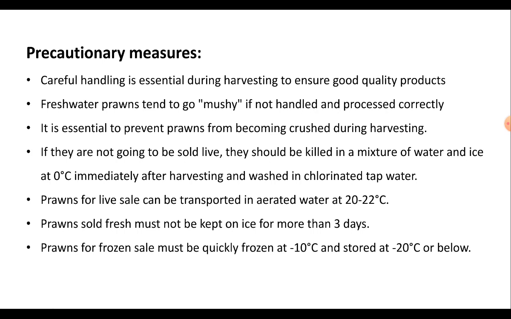Prawns for live sale can be transported in aerated water at 20 to 22 degrees Celsius, and prawns sold fresh must not be kept on ice for more than 3 days. And the prawns for frozen sale must be quickly frozen at minus 10 degrees Celsius and stored at minus 20 degrees Celsius or below.